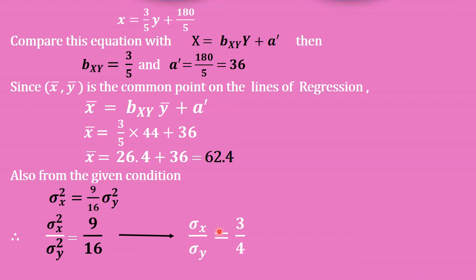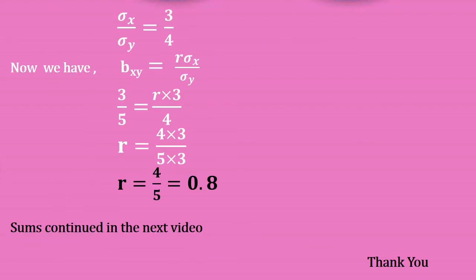So from the condition given in the question, we got sigma x upon sigma y is equal to 3 upon 4. Now, we have the relation bxy is equal to r into sigma x upon sigma y. Substituting the values of bxy and sigma x upon sigma y, we get 3 upon 5 is equal to r into 3 upon 4.